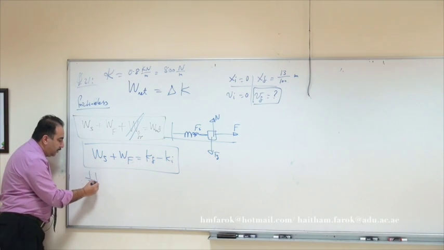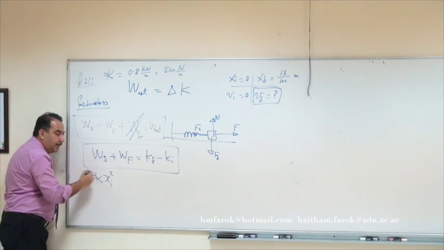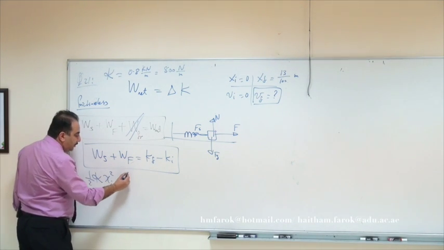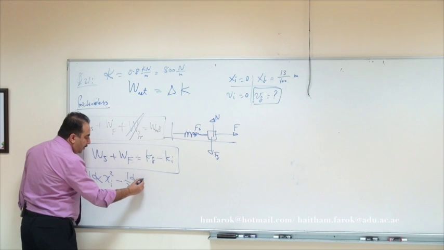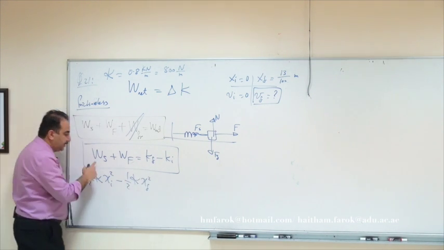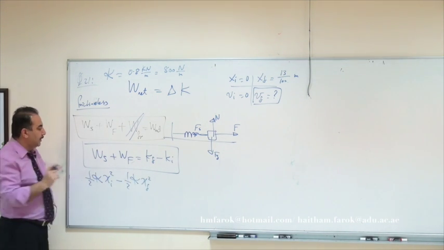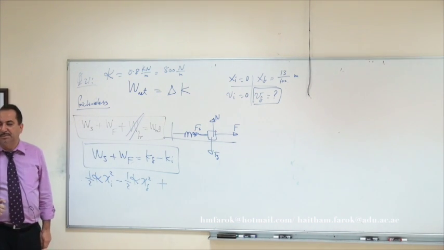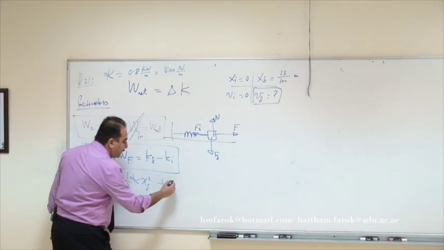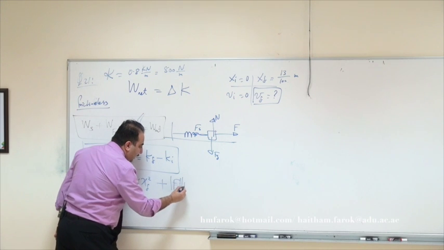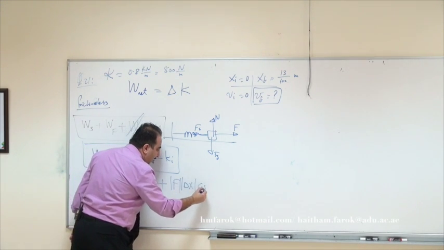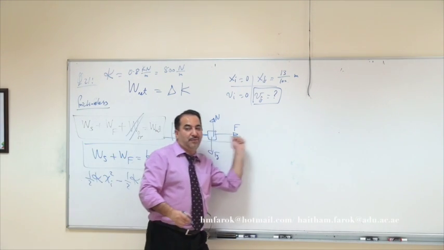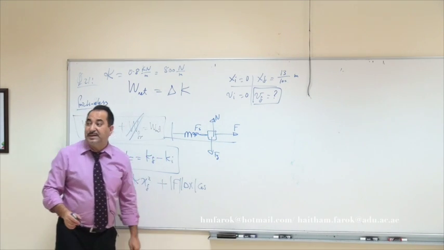Half k x initial squared minus half k x final squared. This is Ws, standard. Plus, how do you find the work of a force? You need the force, delta x, and cosine of the angle. But in a spring, you apply the force horizontally, so the angle is always 0.